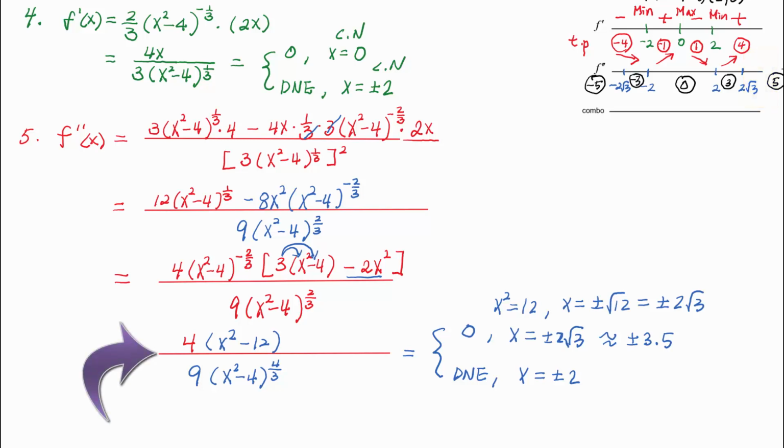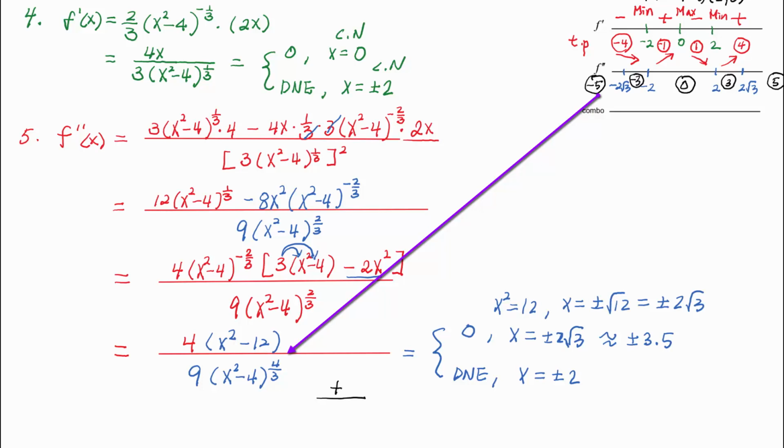And you can plug it in right here to test the sign. Let me plug -5 here. Then what I'm going to get is 4, a positive number, and a positive number, I told you, does not affect the sign of this quotient. So plug it into x squared minus 12. -5 squared is 25 minus 12 is positive, over 25 minus 4 is 21, and the cube root of a positive number is positive.